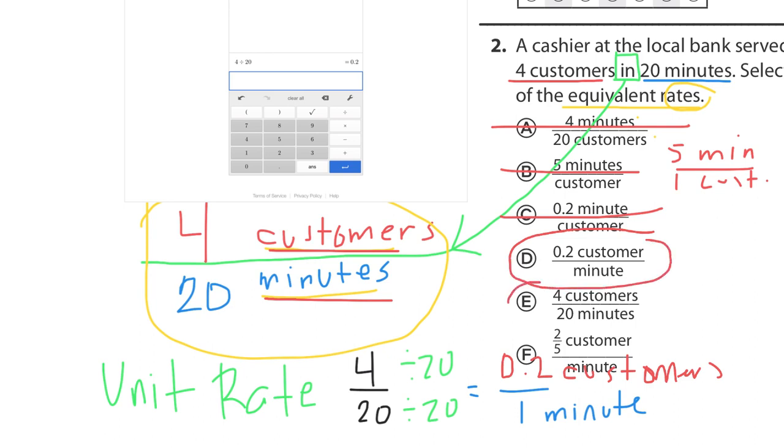And 4 customers over 20 minutes, that's going to be our ratio that we have here. And the next one, 2 fifths customers over 1 minute. Let's look at that one also.